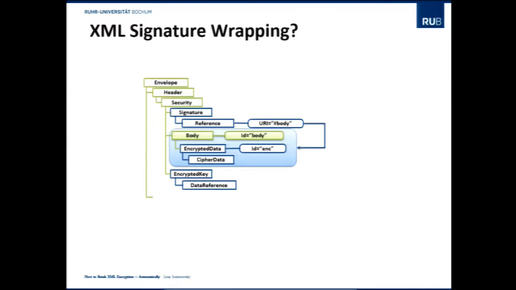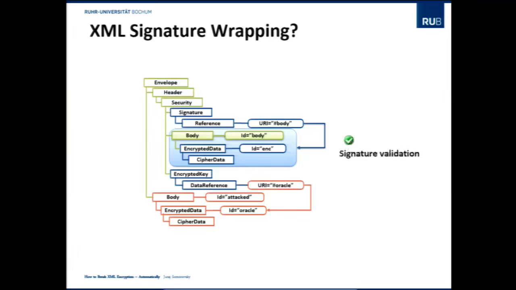This way, the signature now protects the body in the security header, and he can define all encrypted elements in the SOAP body and force the web server to process them. So the signature is always valid, and the data is decrypted, and the attacker can modify it because it is not protected. This is the first problem.